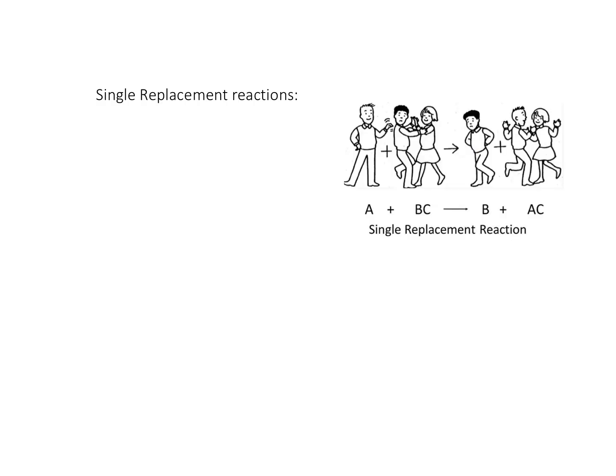The next reaction type is a single replacement reaction. This is also known as a single displacement reaction. When we talk about this reaction, I like to think of it like a dance. And so what happens is you have a single element and then you have some sort of binary compound.